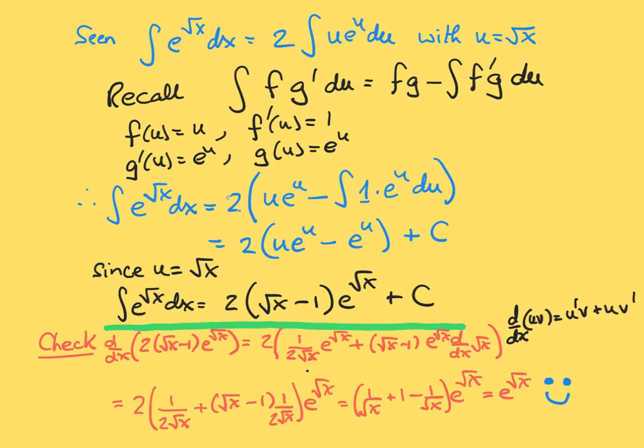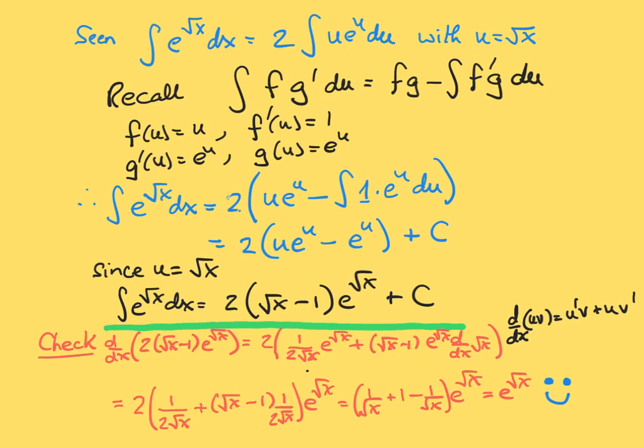So we have, and I'm going to pull out the e to the root x that's everywhere as a common factor, the 2 at the front, we've got 1 over 2 root x from here, and then we've got plus root x minus 1 times 1 over 2 root x from here, all multiplied by e to the root x. Now I just want to expand these brackets and multiply this out.